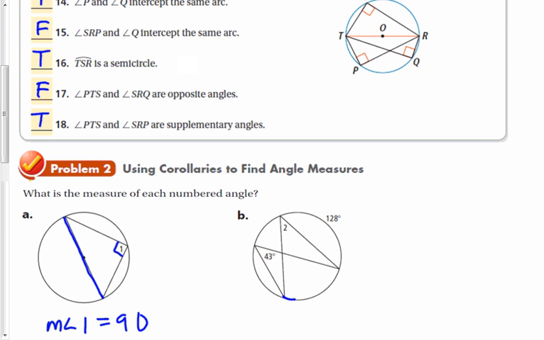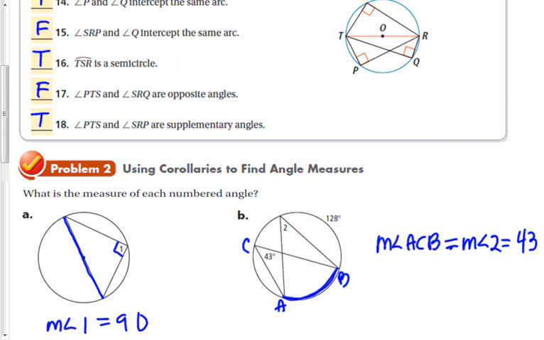what you should notice here is that this arc right here is the arc intercepted by both angle 2 and the 43-degree angle. So we're going to say that the measure of angle, let me label this C so I can talk about this a little more, the measure of angle ACB is equal to the measure of angle 2, which is equal to 43 degrees.